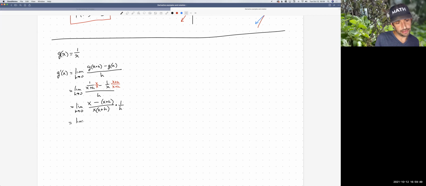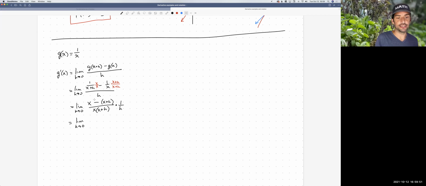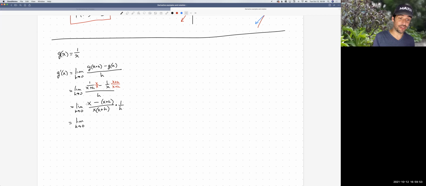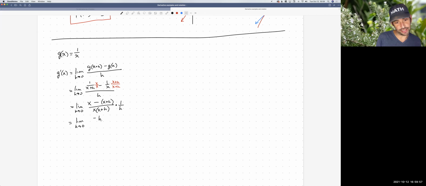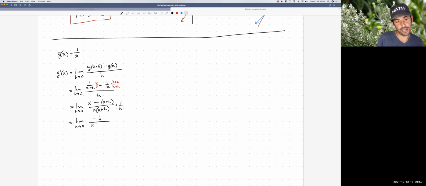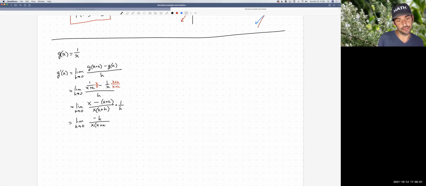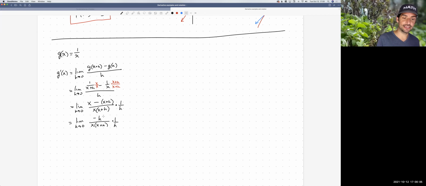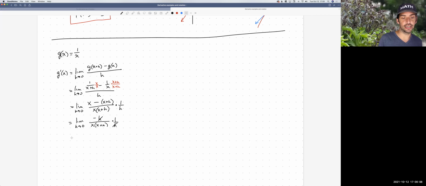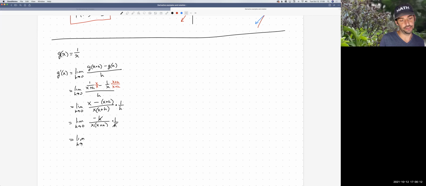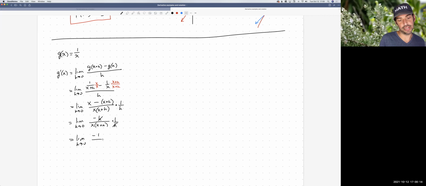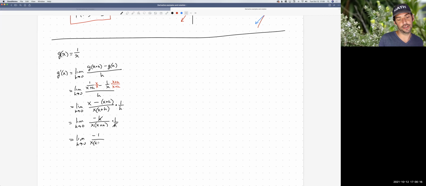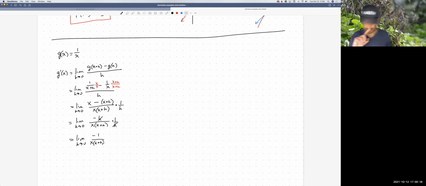So now, when I distribute this negative, I get a negative x. So x minus x is 0, and I am left with a negative h. And in the denominator, I'm going to just leave this alone for now. I've got a common factor of h in the numerator and the denominator, so I can cancel that factor, or just think of it as a 1. And I'm left with negative 1 over x times x plus h. Okay.